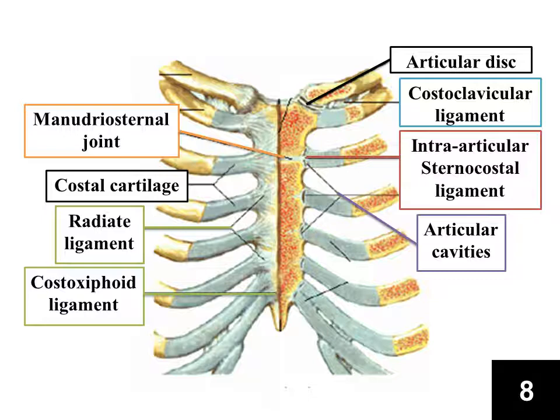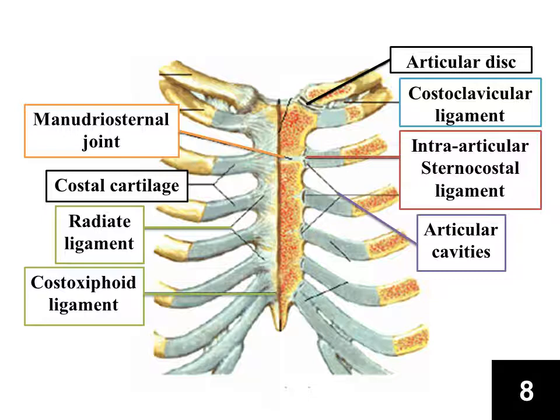The costal cartilages from 2 to 7 articulate with the corresponding notch on the lateral border of the body of the sternum, forming a synovial joint of the plane type.